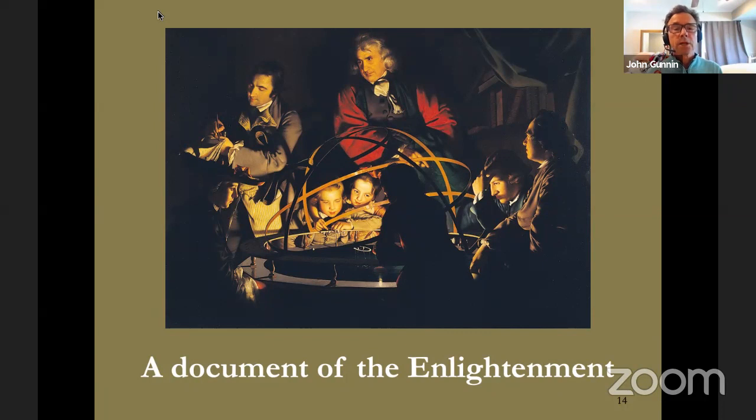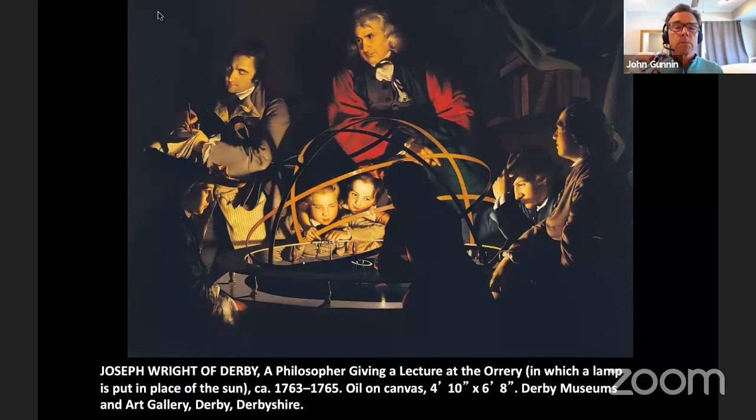You really can approach an artwork the same way. So what does this work say about its time and place? In this case, it is the Enlightenment, that period of literature, thought, and science, an intellectual renaissance in the 18th century.